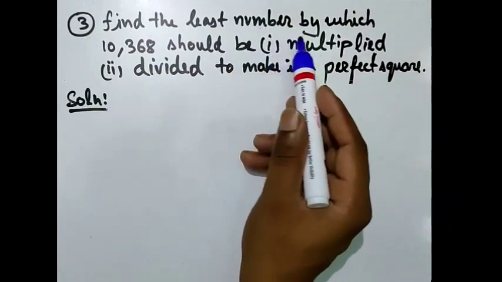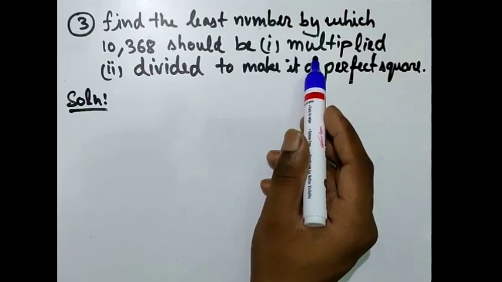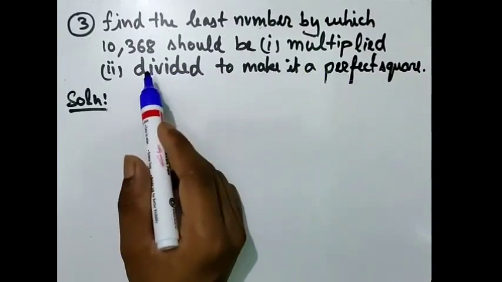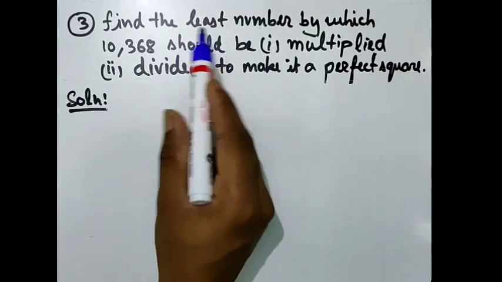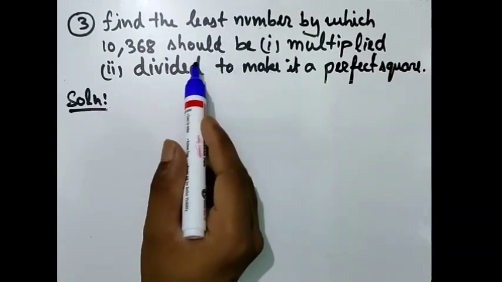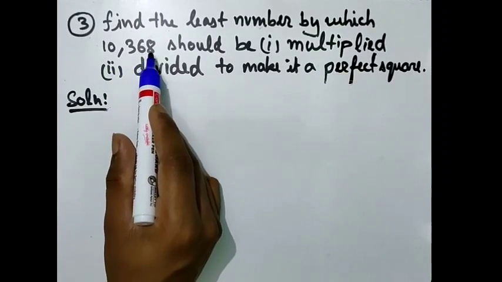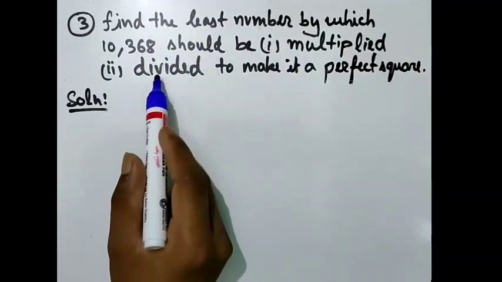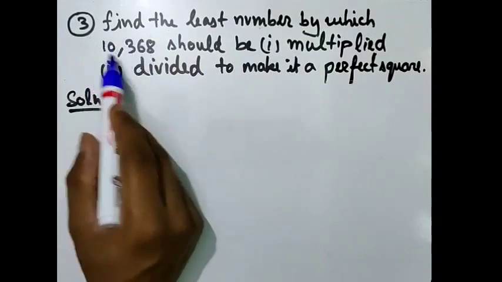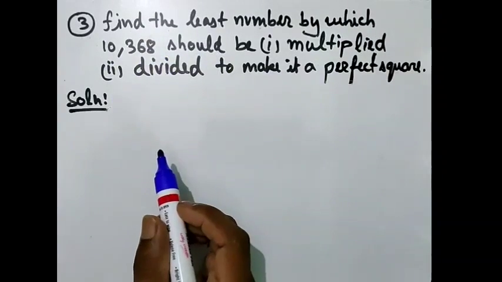Next, find the least number by which 10,368 should be multiplied to make it a perfect square, and should be divided to make it a perfect square. Now we have to find a least number which I can multiply by 10,368 to make it a perfect square, and a least number which I can divide 10,368 by to change it into a perfect square.